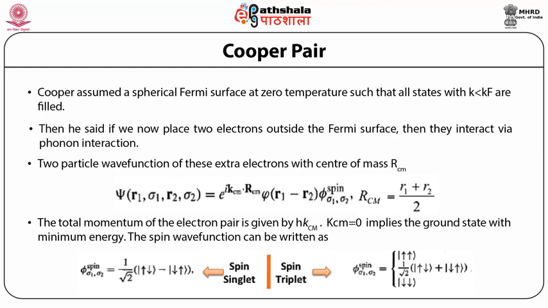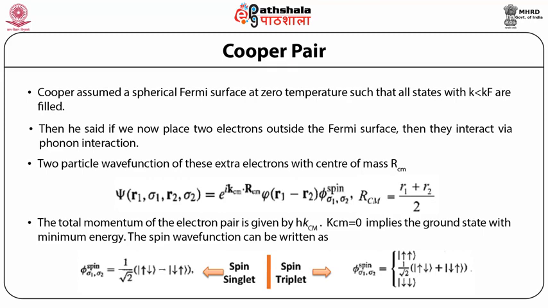And in the case of the spin triplet state, we have 3 possibilities: either both the electrons are in the up state, or both the electrons are in the down state, or 1 by root 2 multiplied by the state with first up, second down, plus first down, second up.